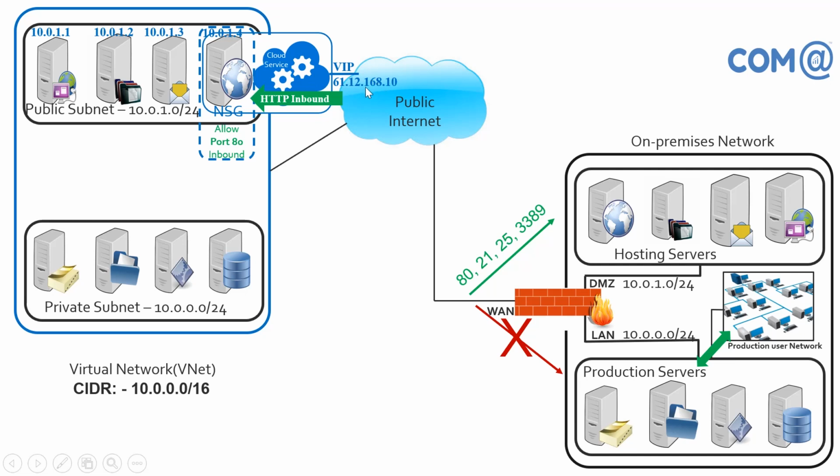It means it is a static public IP address. When you reserve this public IP address, this IP will remain permanent until you delete the public IP. If you are hosting a web server or email server or a terminal server, it is always recommended to have a static public IP address, where we can reserve this virtual IP.